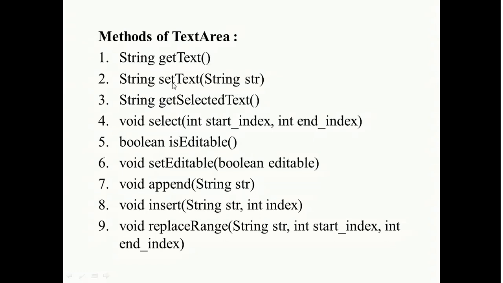Means this method setText is used to set the text. The third method is getSelectedText. This method returns the selected text of the text area. The fourth method is select. This method is used to select the characters beginning at the start index and ending at the end index minus 1.